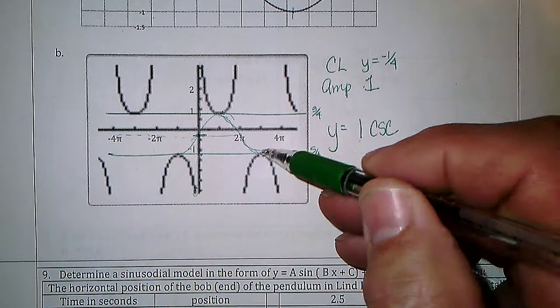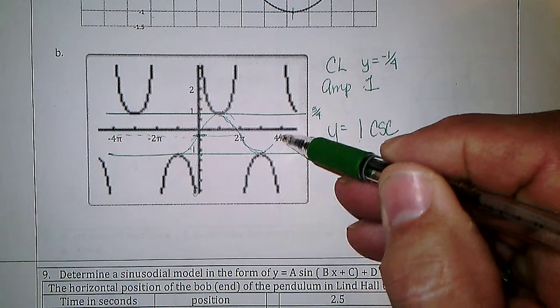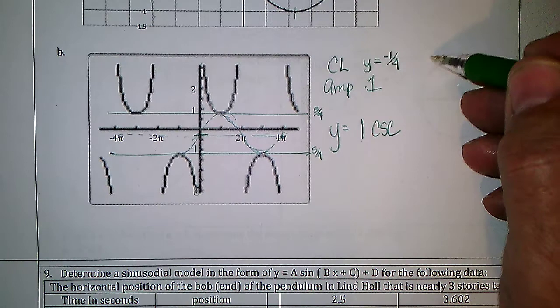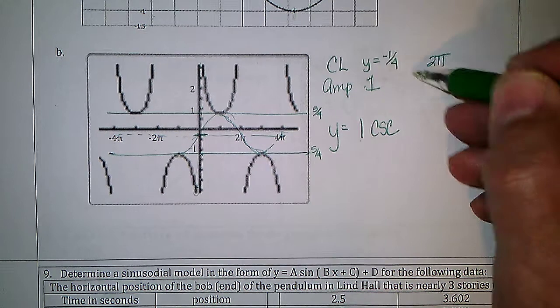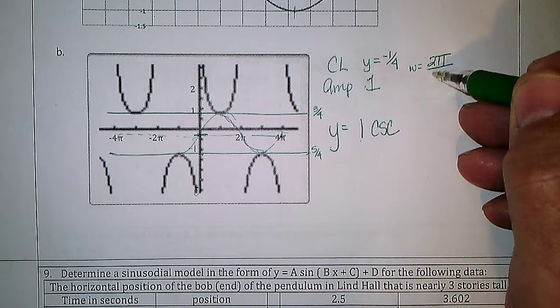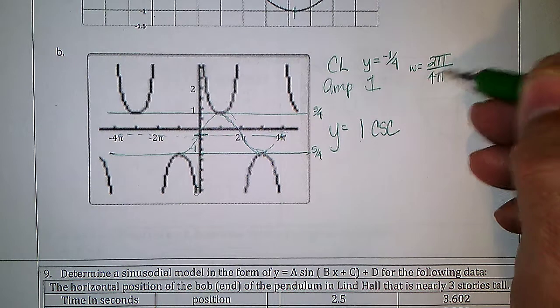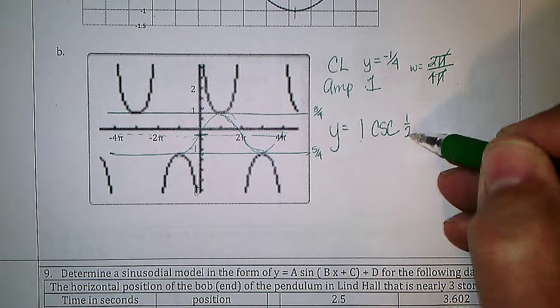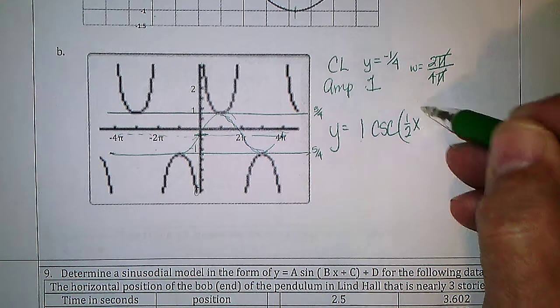Period. Well, it's going to repeat by 4 pi. The normal period is 2 pi, so to get omega, it's the normal period divided by the actual period. Pi's cancel. 2/4 is 1/2 x.